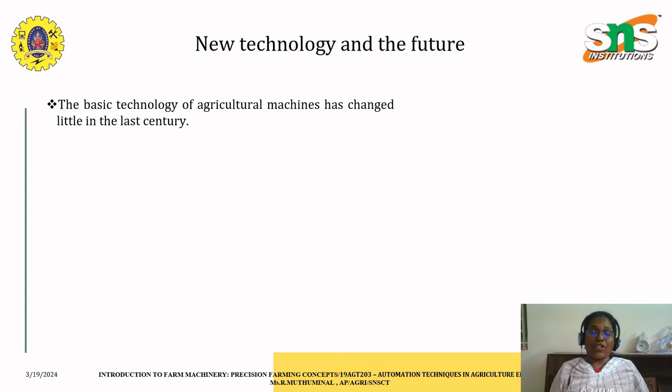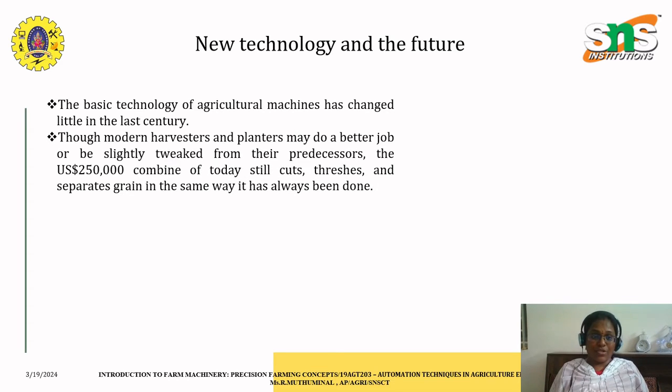Here is the new technology and the future that could be available to us. The basic technology of agricultural machines has changed little from the last century. Though modern harvesters and planters may do a better job, a combine today usually costs around 250,000 US dollars, and it cuts, threshes and separates grain in the same way it has always been done.